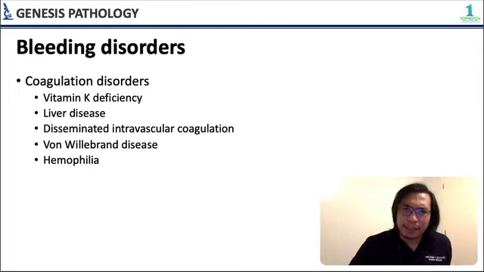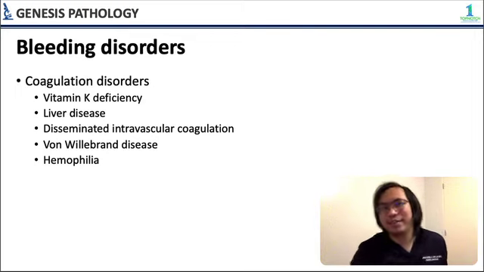Von Willebrand disease, di ba pang platelet yun? Paano naging coagulation? Von Willebrand disease, no? Teka, liver disease, di ba sabi ko, all coagulation factors except factor 8. Saan ba nasi-synthesize ang factor 8? In your endothelium, along with your von Willebrand factor.